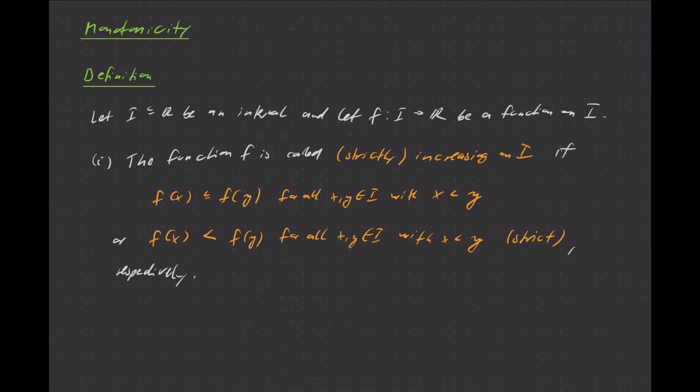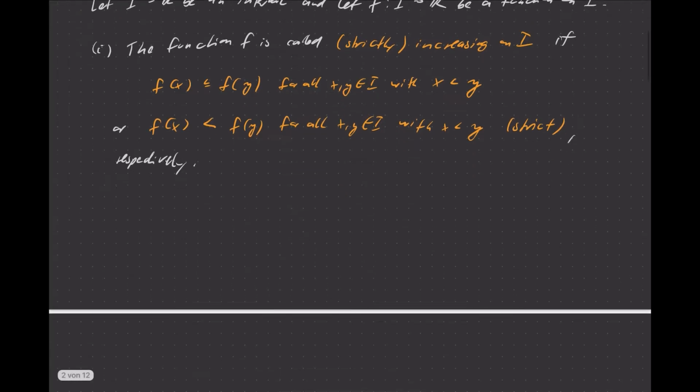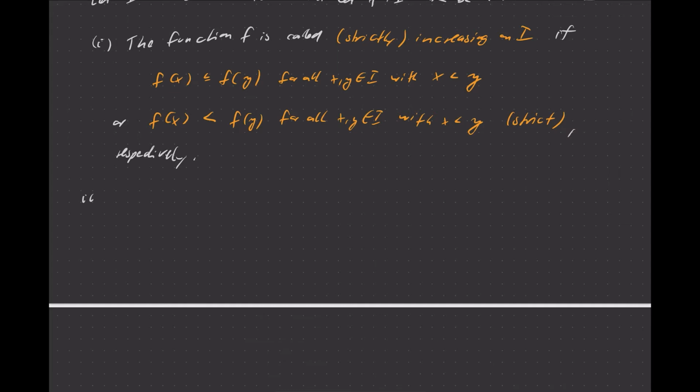And of course, if we can find a function that is strictly increasing, we can also define a function that is strictly decreasing in a very similar way. So that is part 2 of this definition.